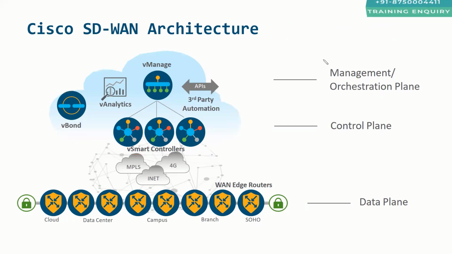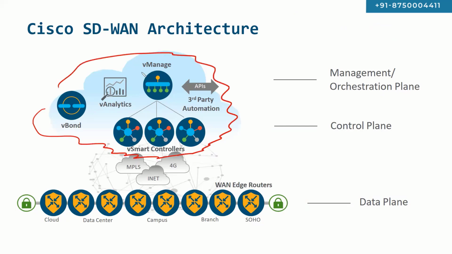So in Cisco, it's not like that. In Cisco, you have different components having different roles and responsibilities. So in case just one component goes down, there is no impact on any other component. So we are using distributed architecture in Cisco SD-WAN, right? We have vManage, one component, vBond, another component, and vSmart controllers, other components.